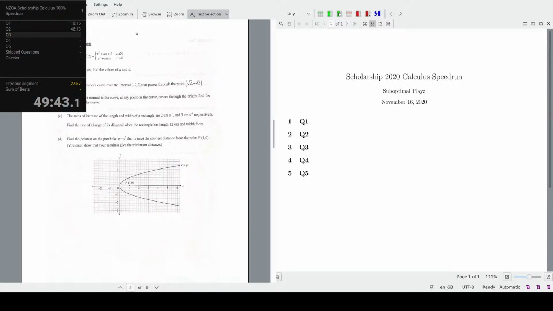The tangent, the normal. The normal to a circle is the perpendicular to the tangent, right? And then the perpendicular to the tangent always passes through the center of the circle. This is like level 1 stuff.